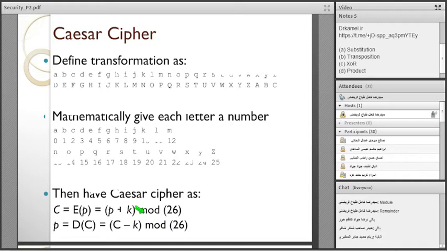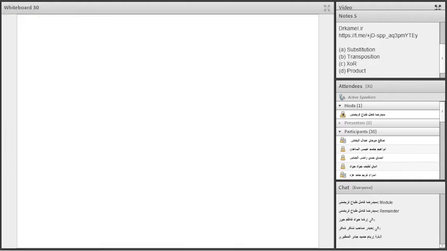For example, I will go to the board. First, I try to explain it in base 10, and then I will explain it in base 26.